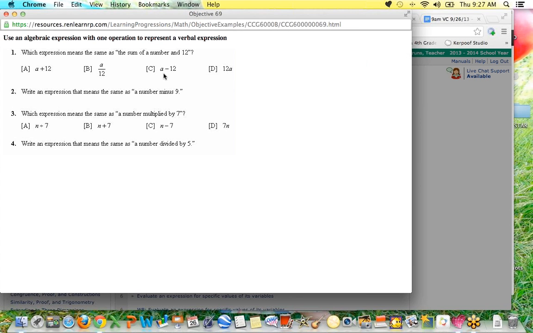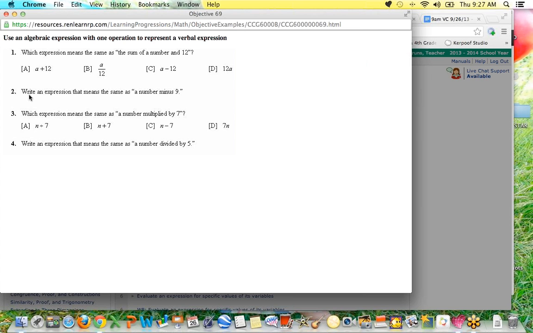Your third would be a minus 12. And your fourth is 12 times a. The key here, good, I'm getting a couple people with the correct answer, is the word sum. Whenever you see the word sum, that means addition. Okay, perfect. So everybody is telling me that the answer would be a plus 12.